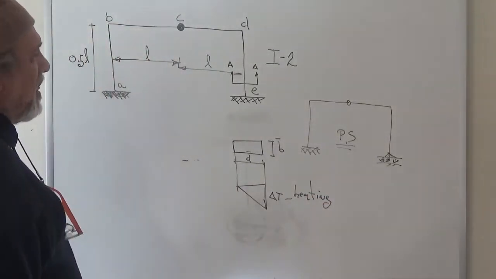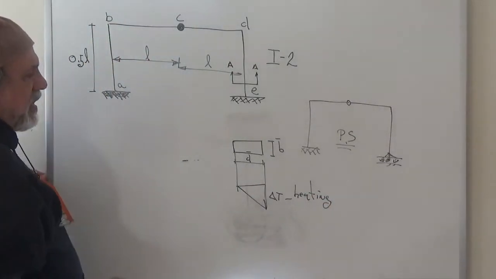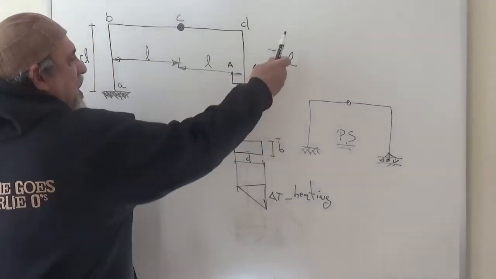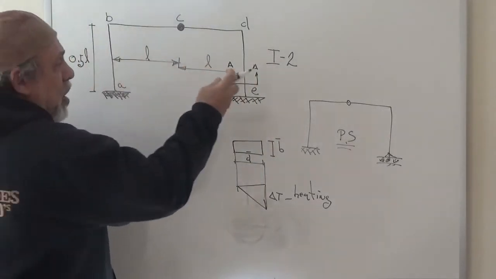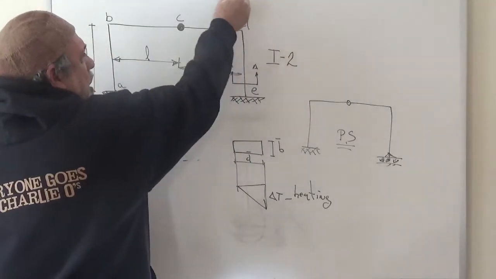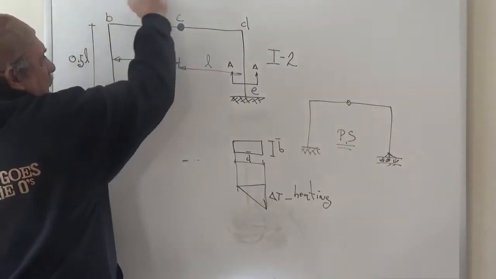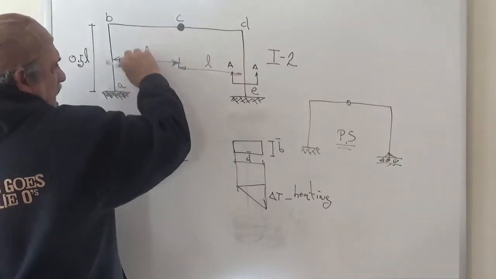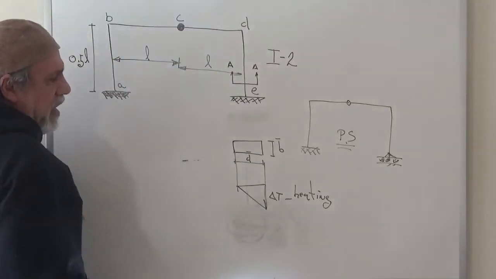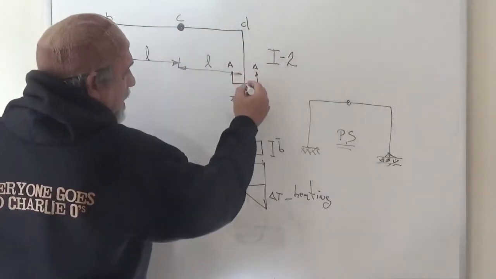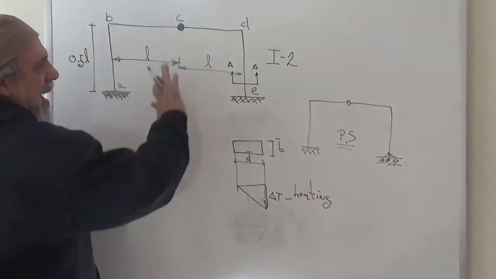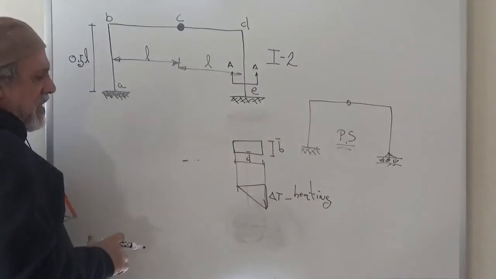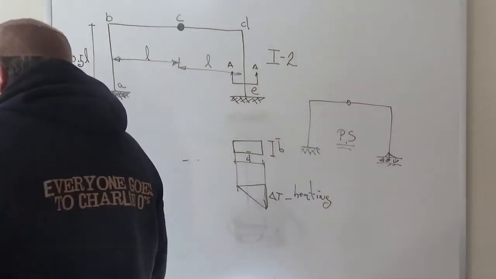So the temperature has increased by delta T on the outside of column DE, right? If I talk about outside being, this is the outside of the structure, and this is the inside, for the purposes of discussion. So I'm saying on bar DE, the temperature has increased by delta T on the outside and no change has taken place on the inside.